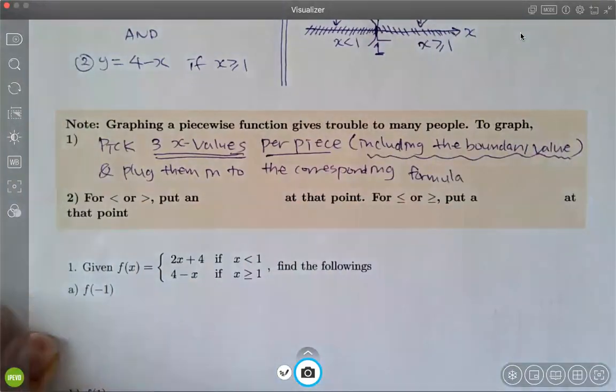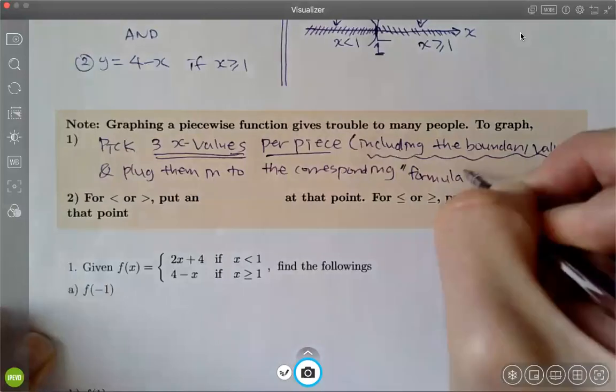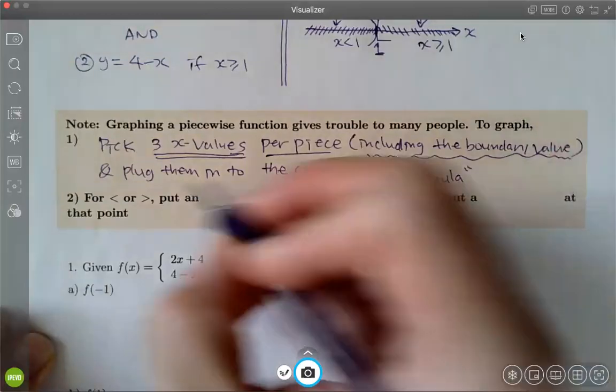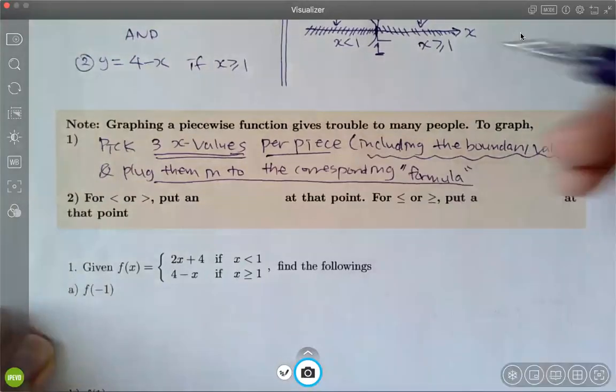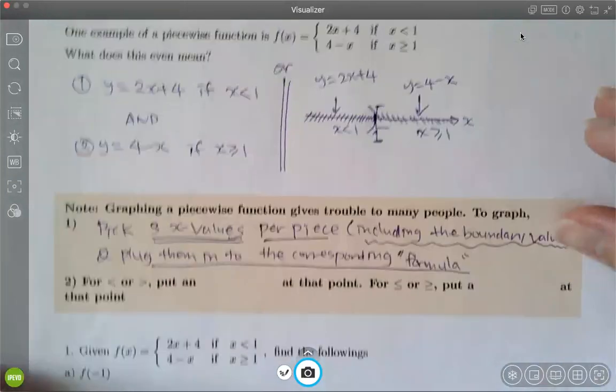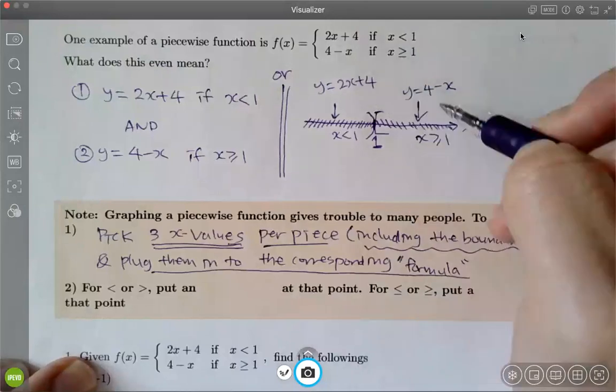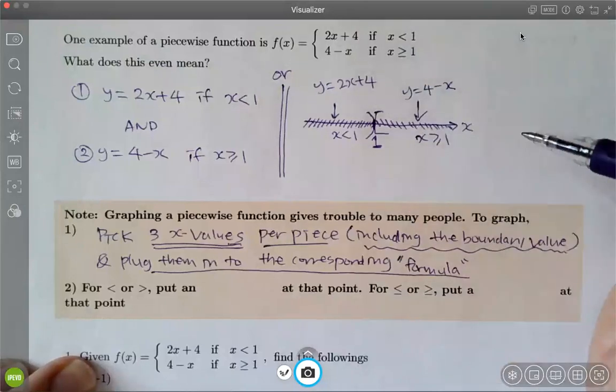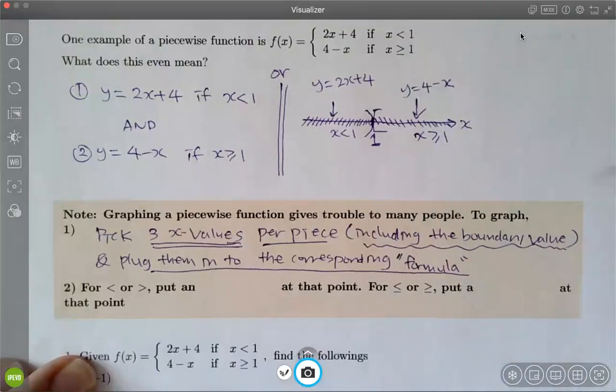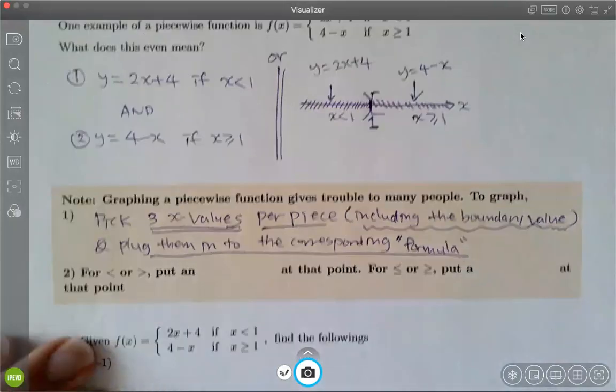For example, in the above example, there are 2 formulas, 2x plus 4 and 4 minus x. For the corresponding x values, you have to choose the right formula and plug them into it. So that's step number 1.